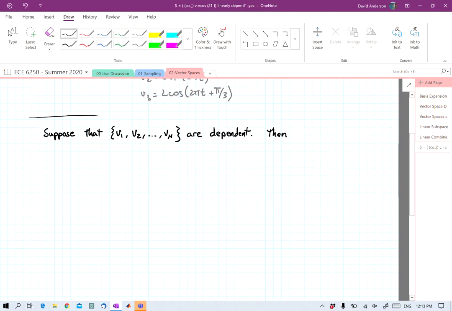Then we know that we can find a set of A's such that the sum is equal to 0.